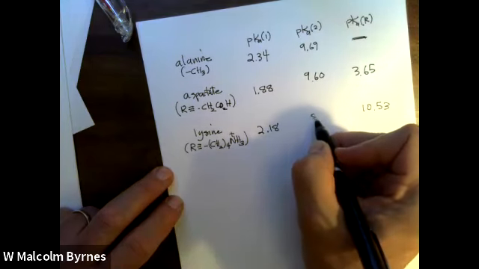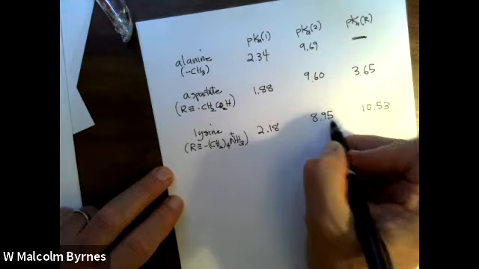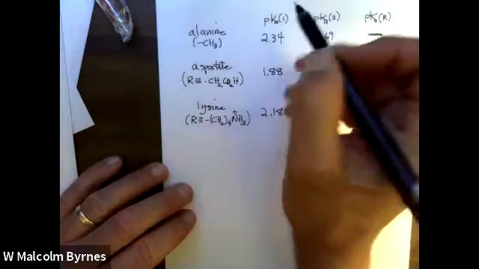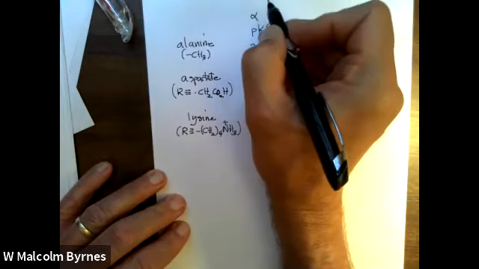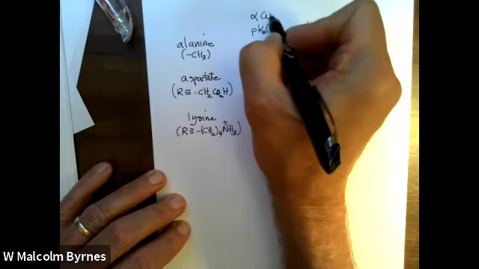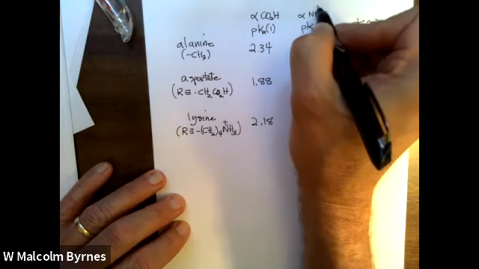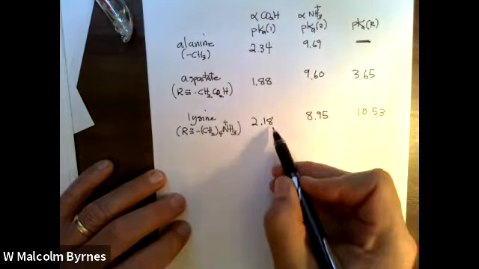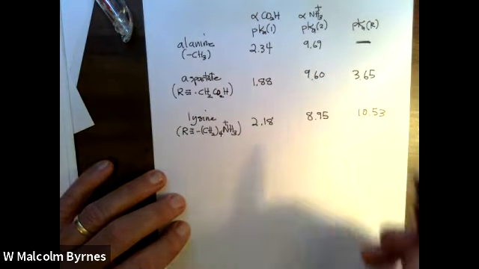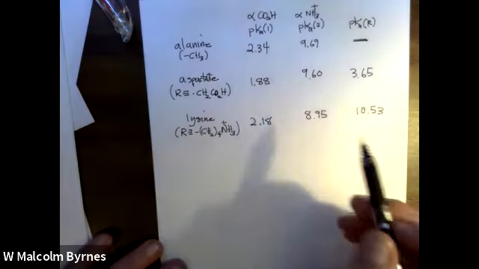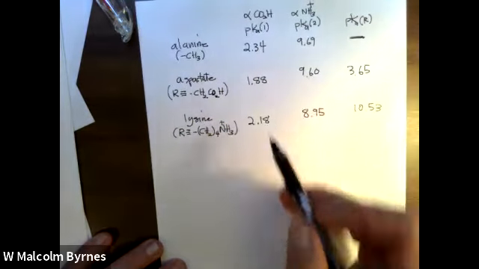The alpha amino, 8.95. And what you can see from this is that the pKa values for the alpha carboxyl and the alpha amino are similar among these amino acids. They're not that different from each other. That's one thing you can see.